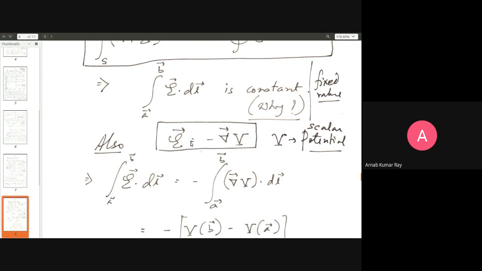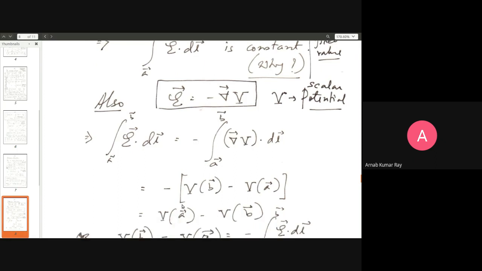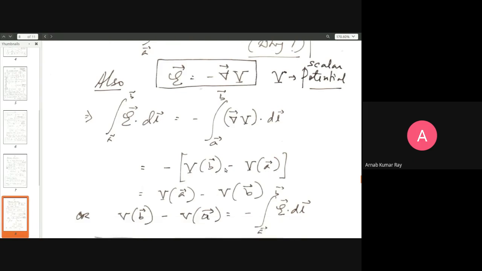Okay, now what shall we do? We write E as the negative gradient of a scalar function, the scalar potential. So E dot dl, going from A to B, with E substituted by the negative gradient of a scalar function. The minus sign stays outside. By the theorem of gradients, you will have the scalar function at B minus the scalar function at A. What matters is the difference between the value of the function at the initial point and at the final destination point.